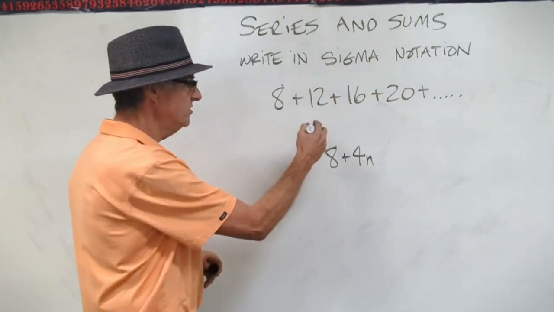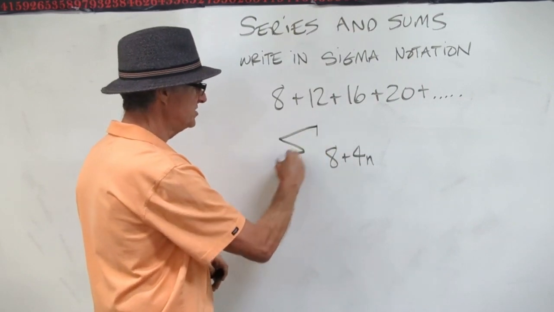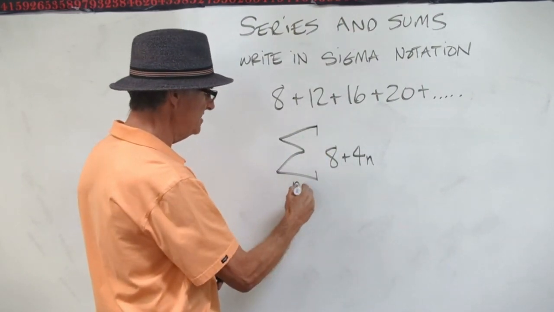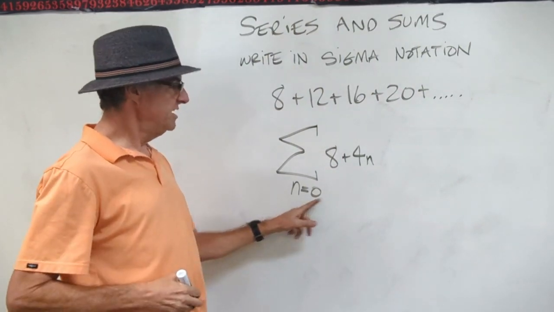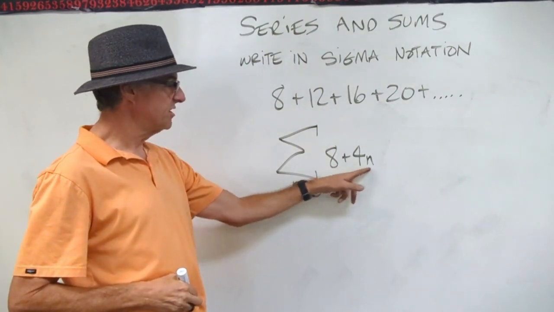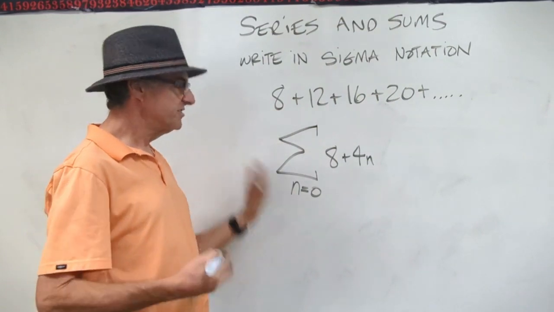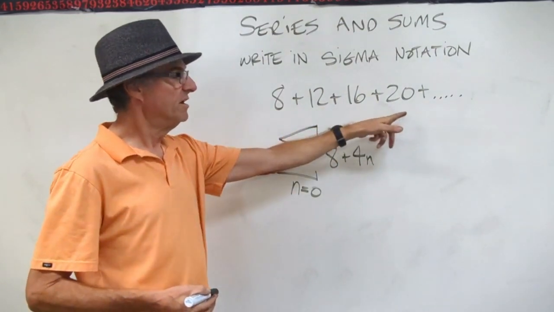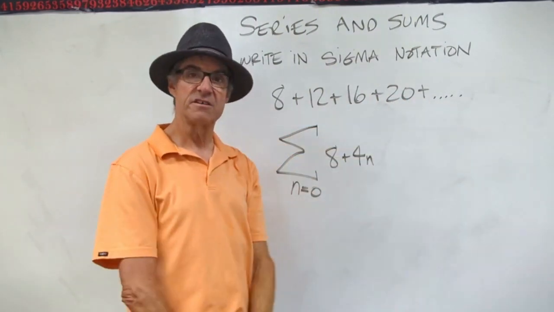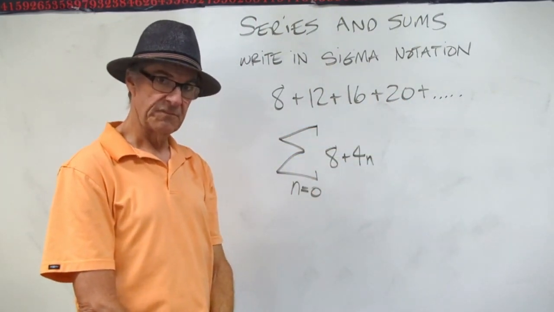So what we can do is we'll put in our sigma notation here and go n equals 0. And so that means the first number we put in is 0, so that just goes to 0. So our first term is 8. Our second term, we put a 1 in for n, we get 12, and so on. Now, how would you handle the dots?